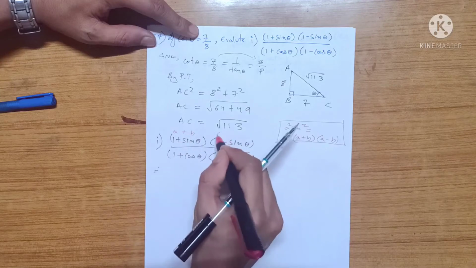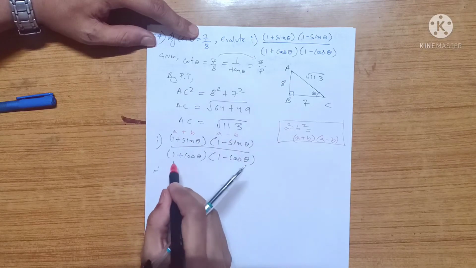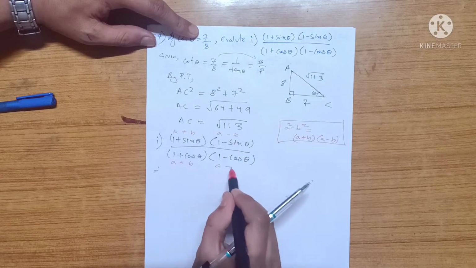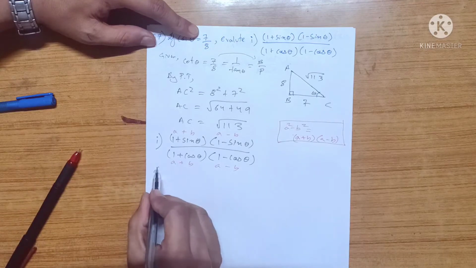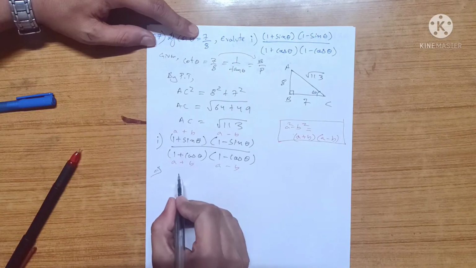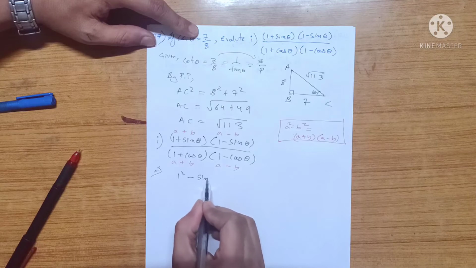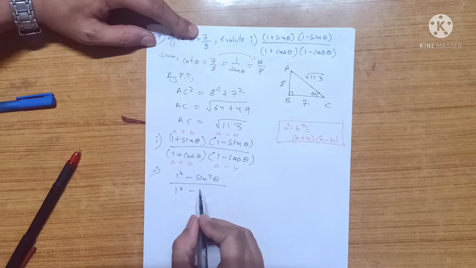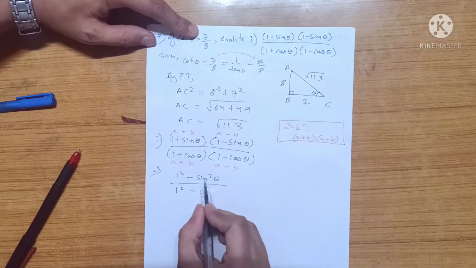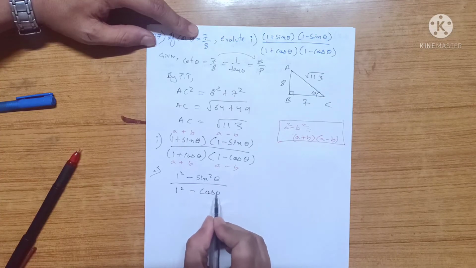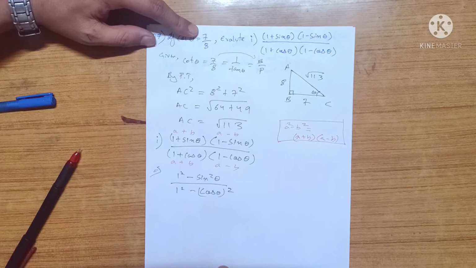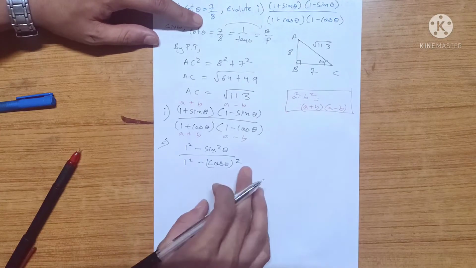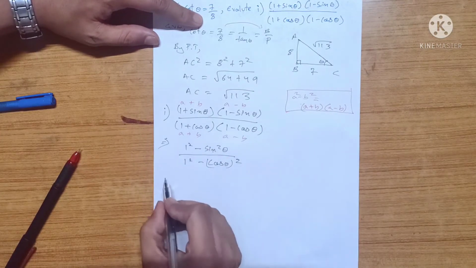So it's a plus b, a minus b, same case here. So a plus b, a minus b is a square, which is 1 square minus sine square theta. Writing sine square theta and writing sine theta the whole square is the same thing. It doesn't matter how you write, because when you square it, it'll become like this only.